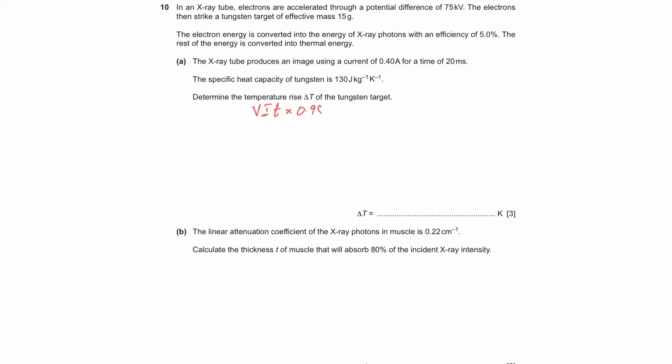So 0.95 gets converted into heat energy and causes a temperature rise, hence mc delta T. We've got the potential, 75 into 10 to the power 3, 75 kilovolts. The current is 0.4 amps. The time is 20 milliseconds.